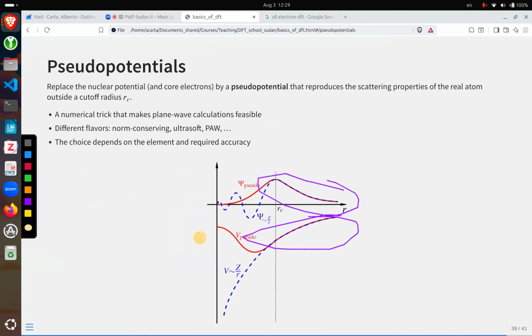The idea is that we don't want this blue one, we want the red one, because the red one is going to have much fewer wiggles in it. Okay, understood.